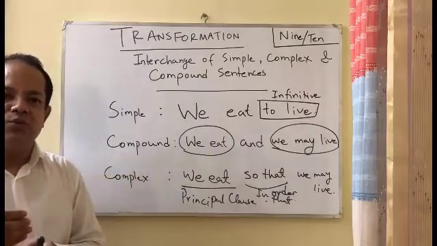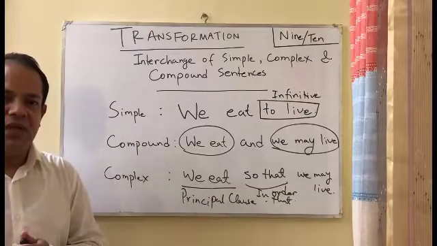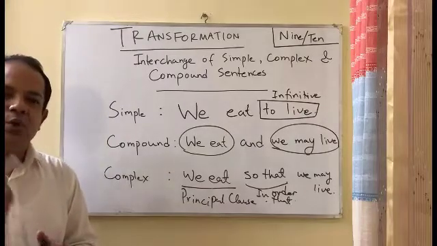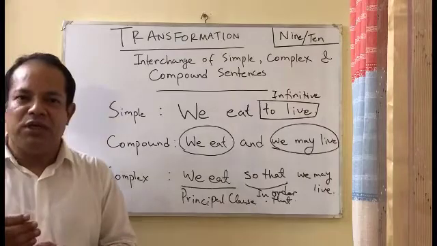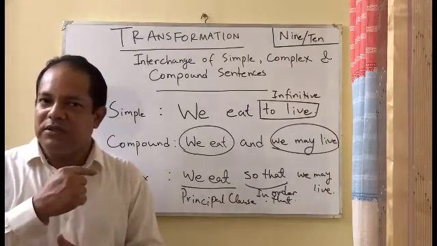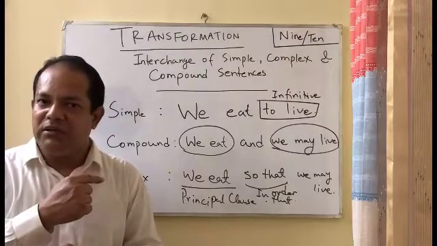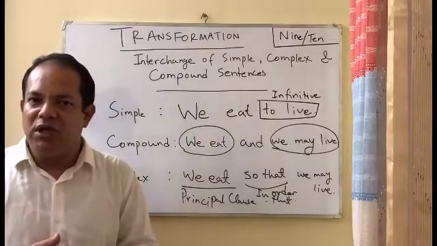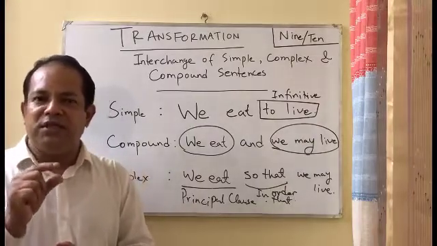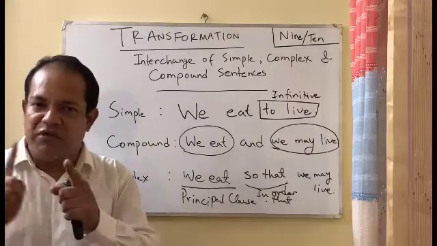So now let me come to a conclusion. As I told you before, in transformation you have this changing, that means interchange of simple, compound, and complex. In simple sentence you will see only one subject, one finite verb.